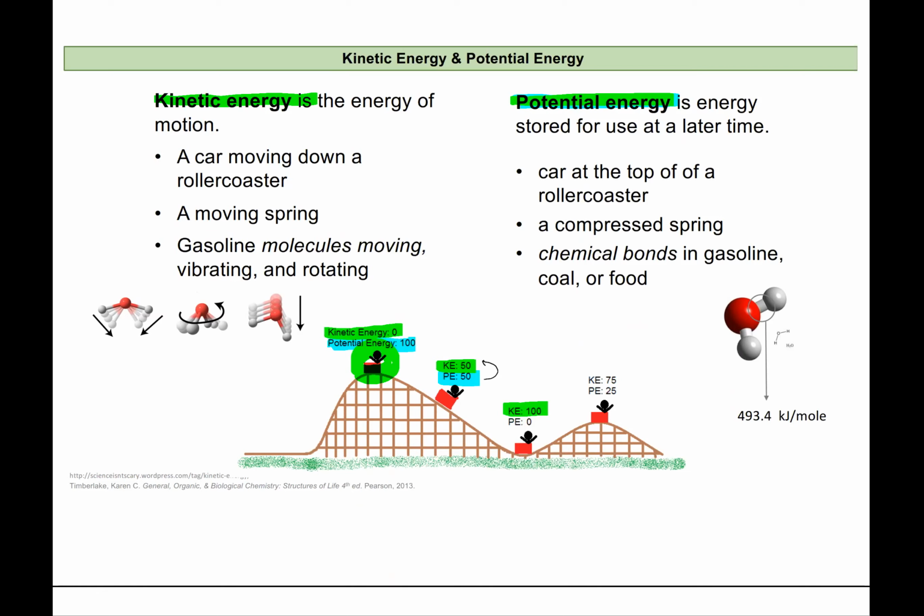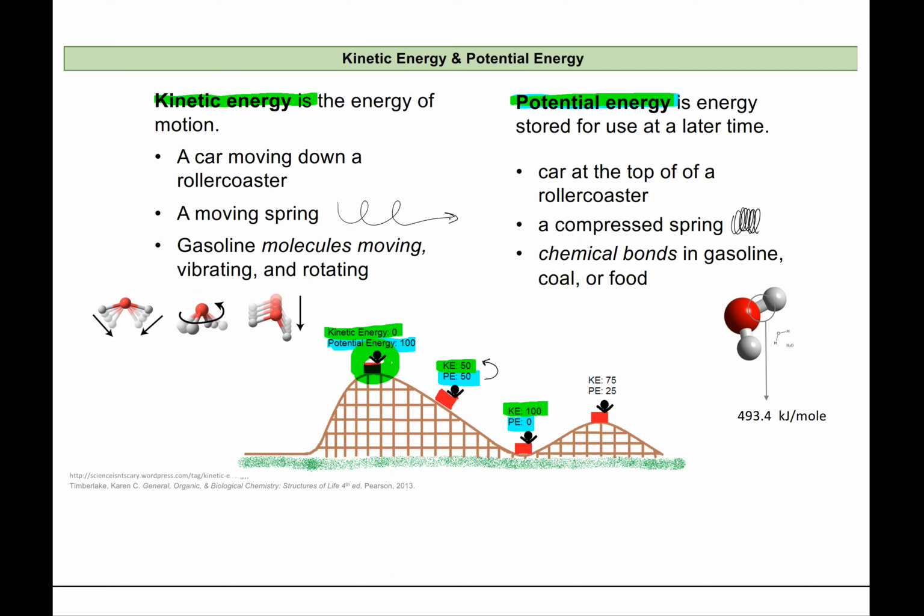So the potential energy is being converted into kinetic energy, until at the bottom of the roller coaster, we don't have any more potential energy, just kinetic, and you're going really fast. Other examples of kinetic and potential energy would be if we think about a spring. When the spring is compressed, when it's coiled up really, really tightly, it has a lot of potential energy. And the second it's released and it's moving out, that's when you have kinetic energy.